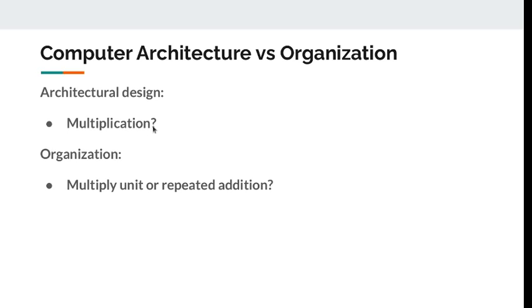And after we decide this computer is gonna have a multiplication, the computer organization is gonna decide, okay, is it gonna be one multiply unit for multiplication, or are we just gonna do a repeated addition to provide the multiplication operation.